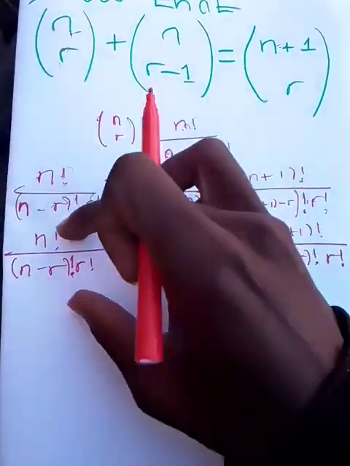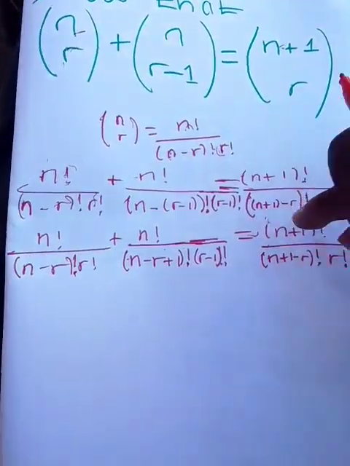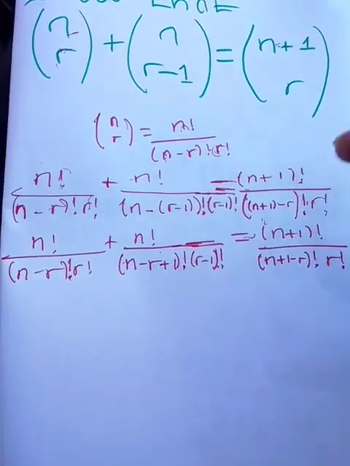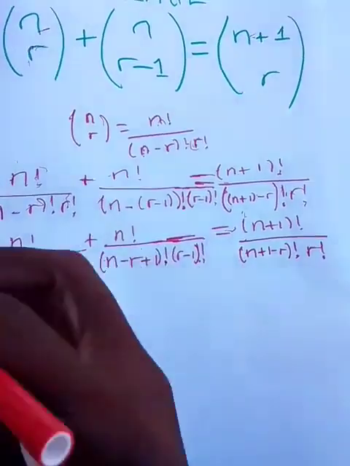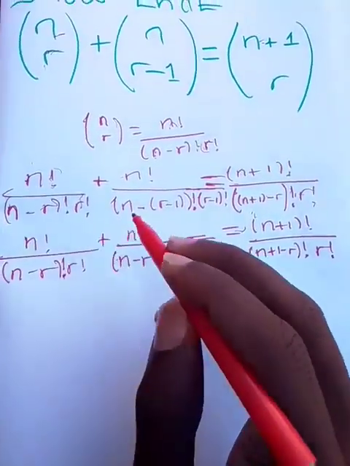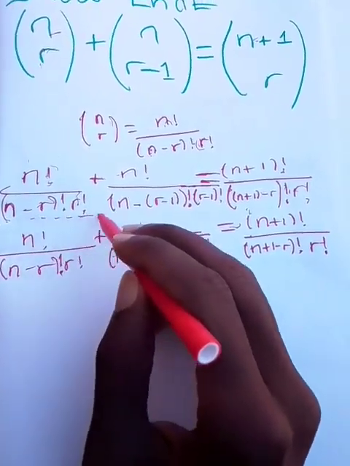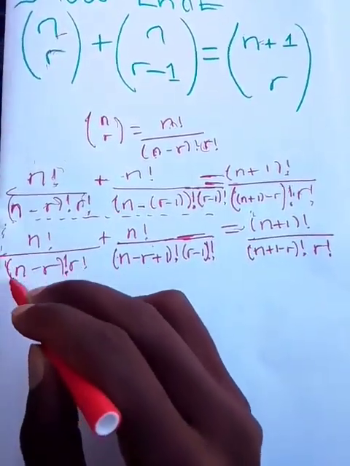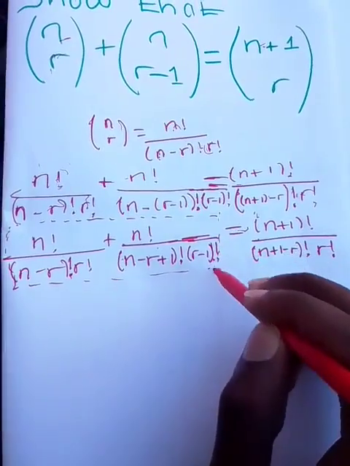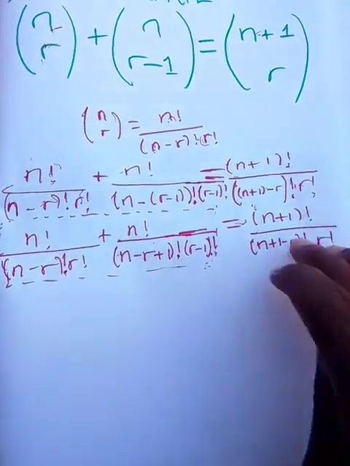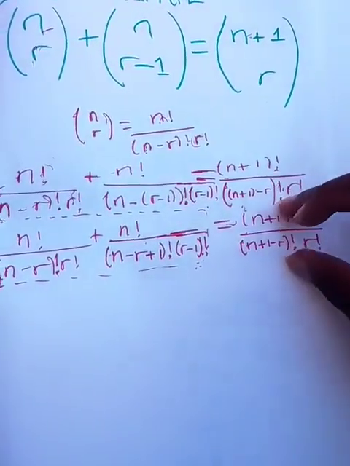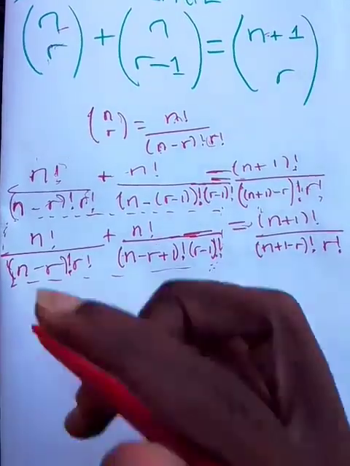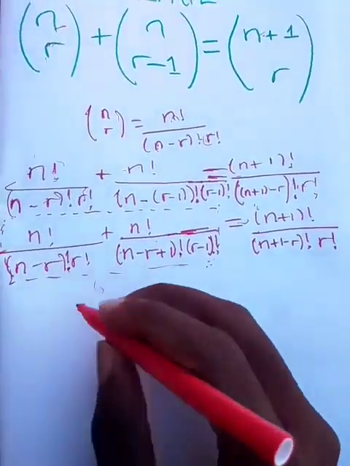So I'm going to get this, and I need to try my level best until it reaches me here. At the moment I'm only interested in this part. I'm going to get this and simplify it till it takes me here. So the goal is to eventually end up with this. Now let's write it out.